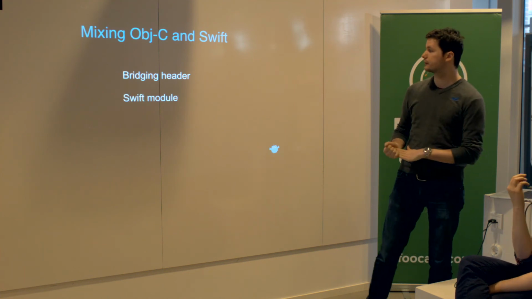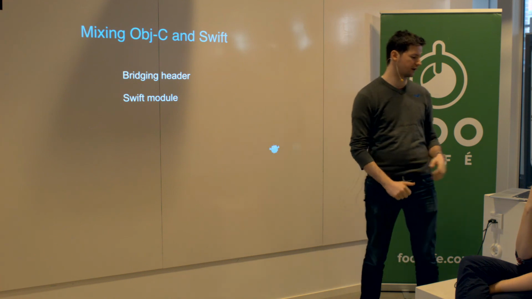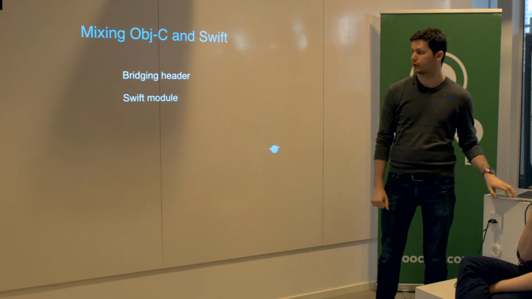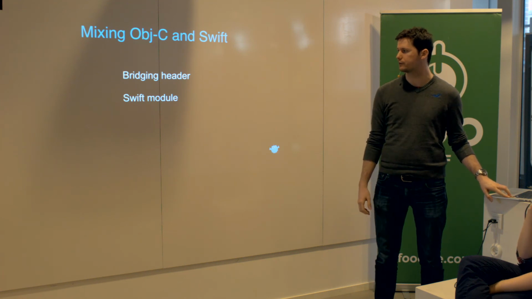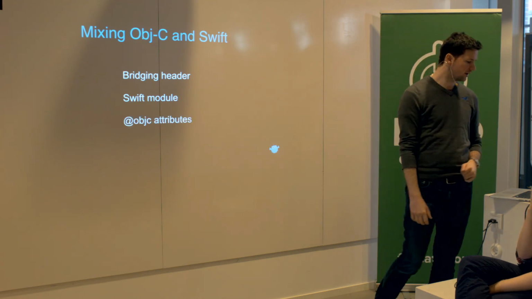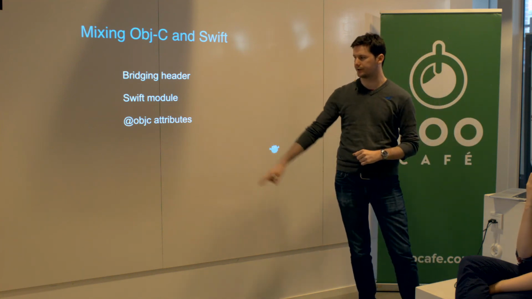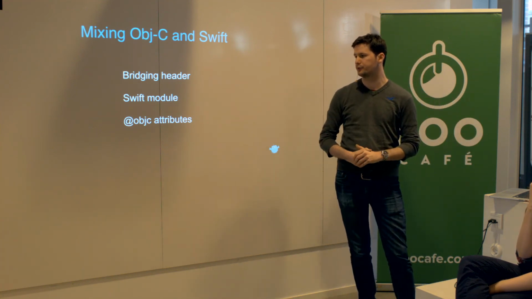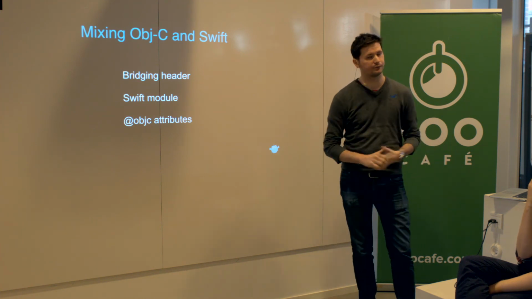If we're using Swift code in Objective-C, we have this Swift module that's being set up in the project that you can include in your Objective-C code and access all your Swift code from there. To access Swift code in Objective-C, you have to add this @objc attribute to the class or property or enum.